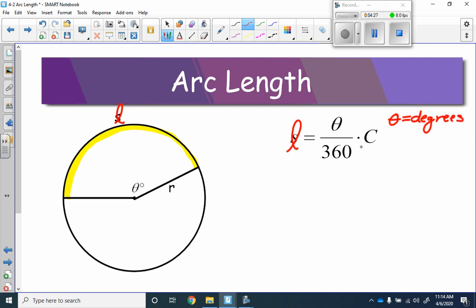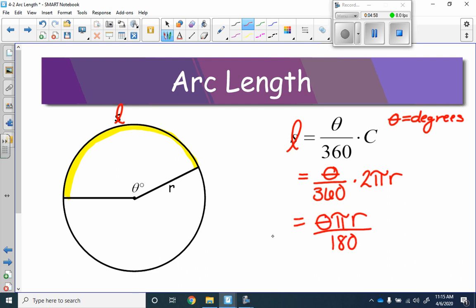Now, C is your circumference, and so that is just working with the 2 pi r. So taking theta divided by 360 times 2 times pi times the radius. Now, this, by all means, could be simplified, because 2 and 360 can simplify, and we could write this as one fraction: theta times pi times r divided by 180.